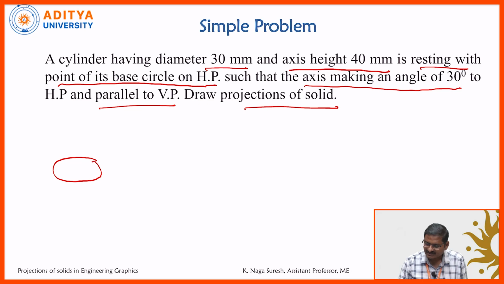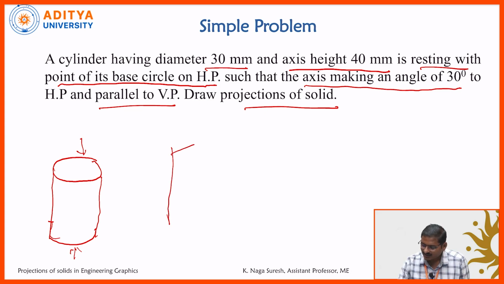So this is the cylinder. The top has one circle and the bottom has one circle. It will be resting on the horizontal plane. This is the vertical plane and this is the horizontal plane.